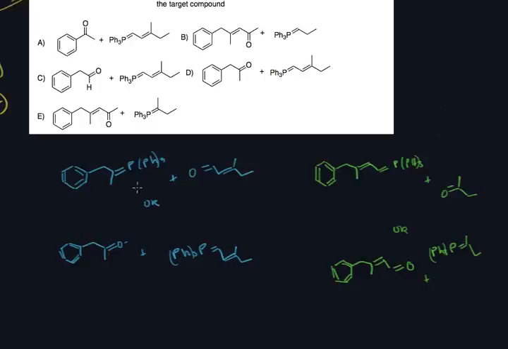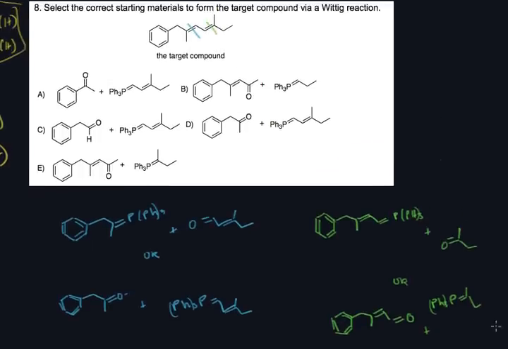I split that blue bond right there, and I formed these two blue products, where I could have put the PH3 on this side or on this side, and then the O on the opposite side.